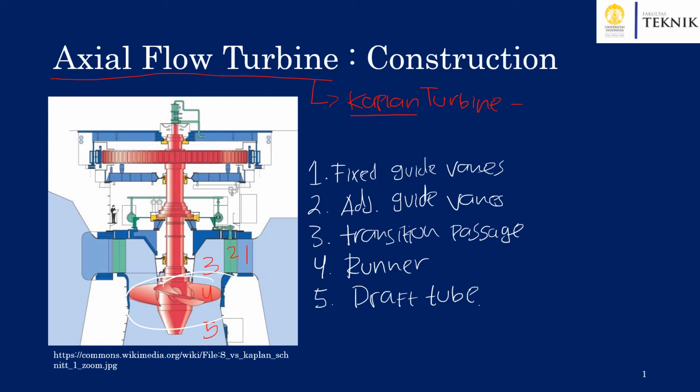So when the construction of an axial flow turbine doesn't have any adjustable guide vanes, let's assume that it only has fixed guide vanes, the turbine can be called a propeller turbine. But when it is equipped with these 2 guide vanes, it can be called a Kaplan turbine.